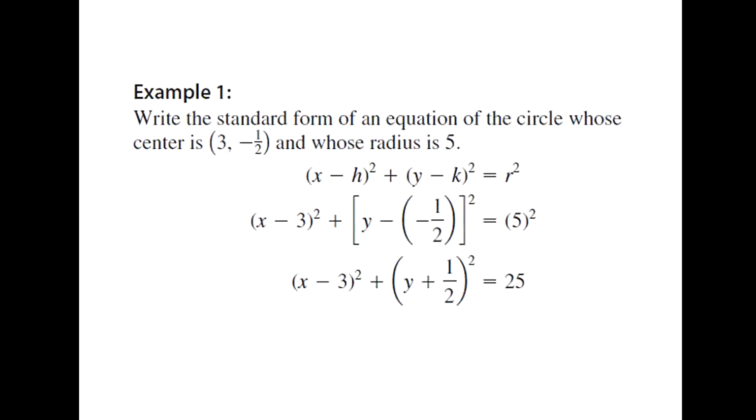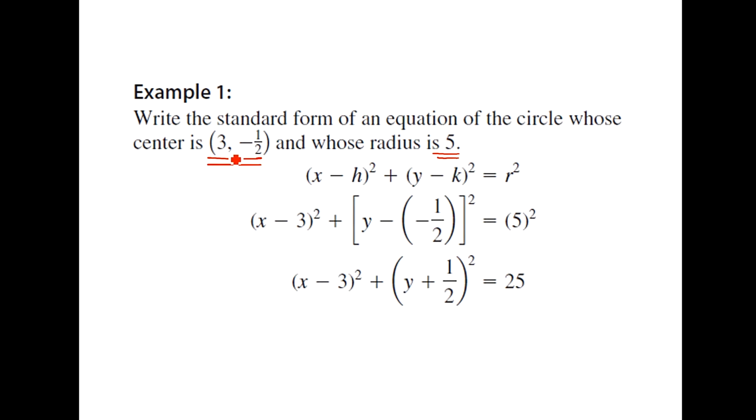Look at this. Write the standard form for the equation of the circle that has this center and radius 5. We need to find the equation. Before this slide, we were given the equation and obtained the center and radius. Now we have the center and the radius and we need to find the equation.